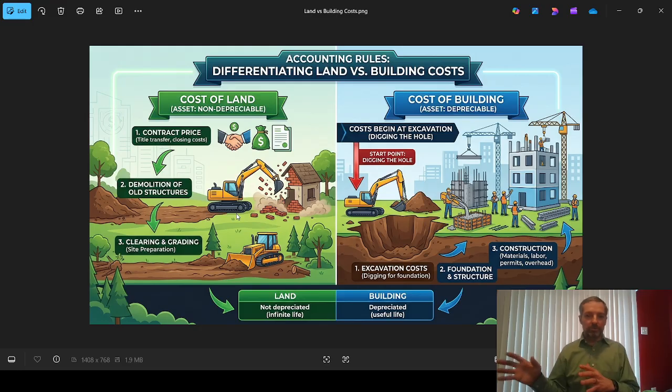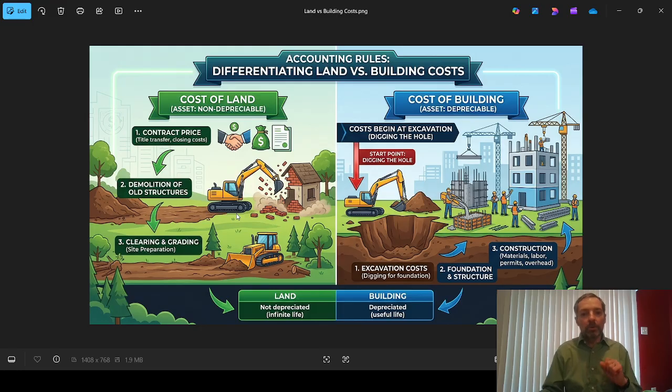If you go back to a previous chapter when we were talking about depreciation, land we never depreciate. We never make a journal entry with depreciation expense, and buildings we do. So it's very important to figure out what is the cost of the land and what is the cost of the building. So the things that go into the cost of the land are what is the contract price to buy the piece of land.